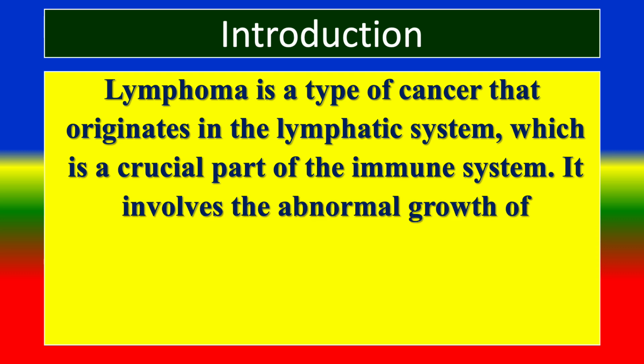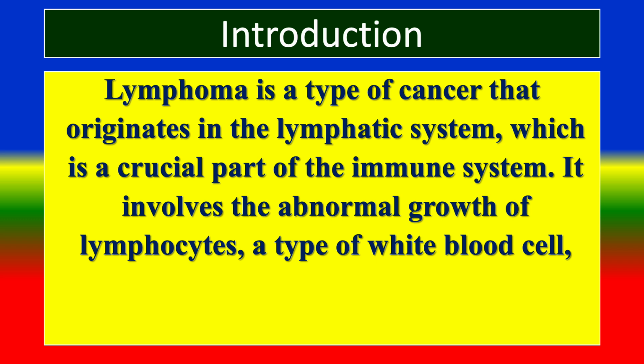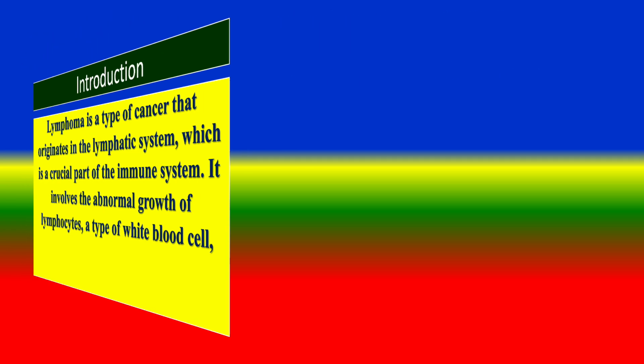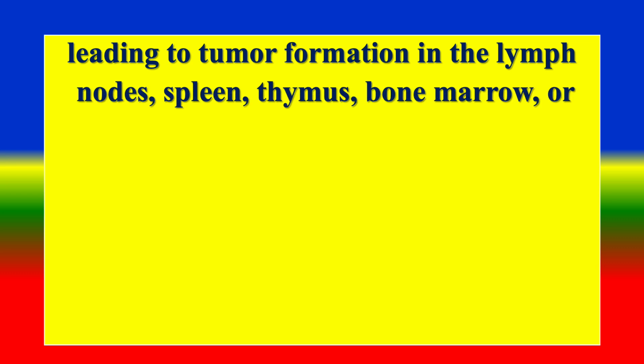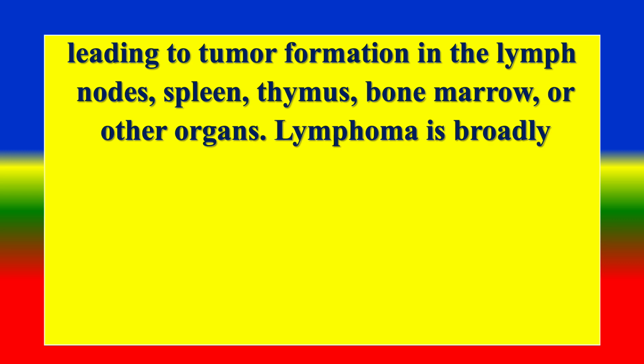It involves the abnormal growth of lymphocytes, a type of white blood cell, leading to tumor formation in the lymph nodes, spleen, thymus, bone marrow, or other organs.